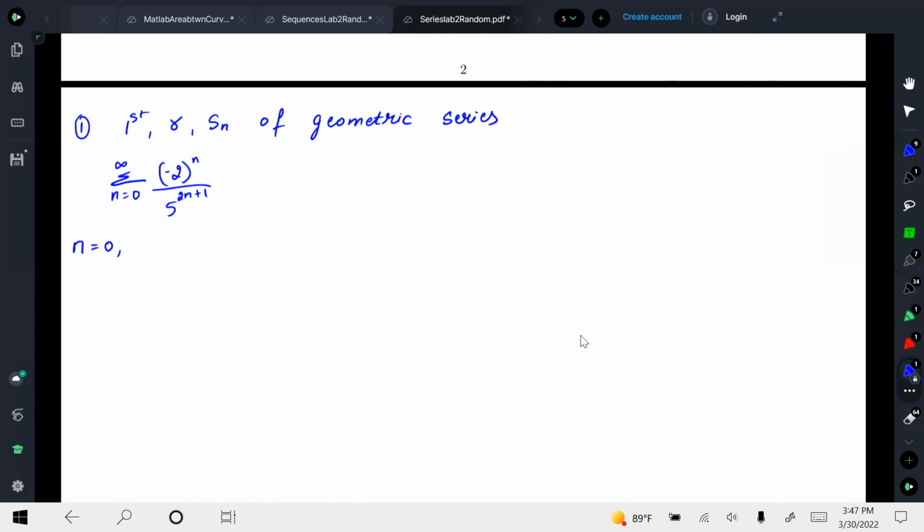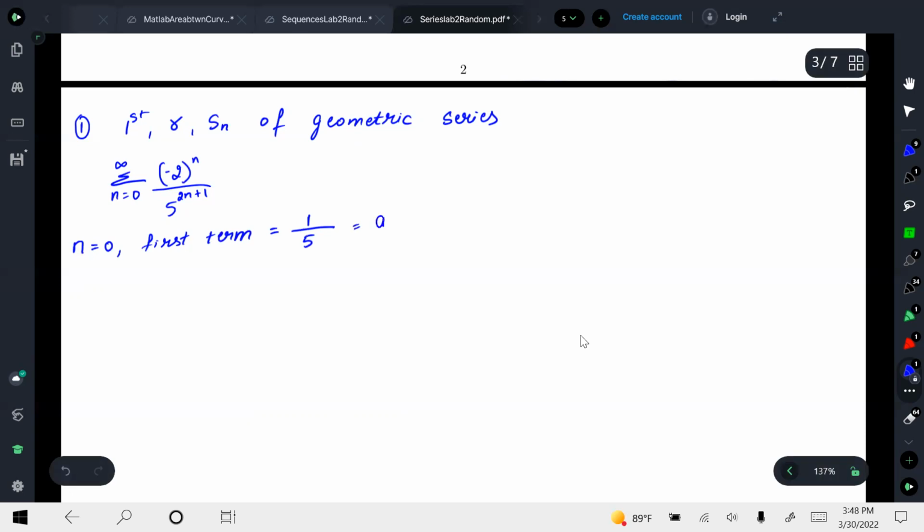We get the first term equal to 1 divided by 5, right? Why is it 1 here? Negative 2 raised to the power of 0 is 1.